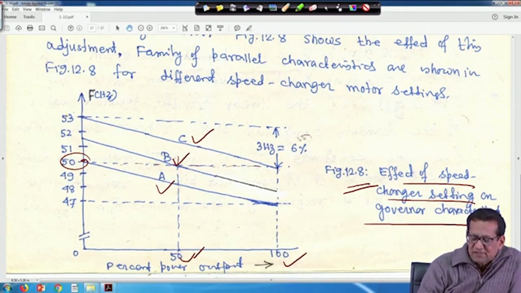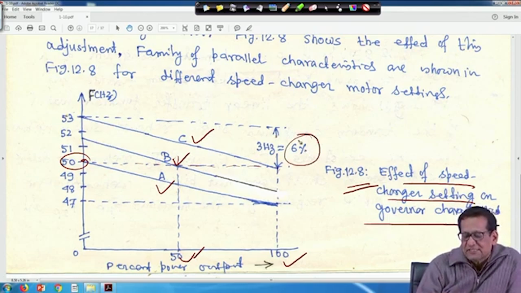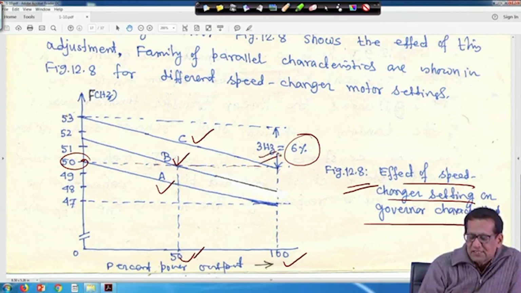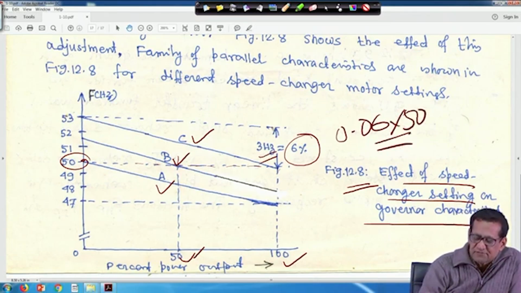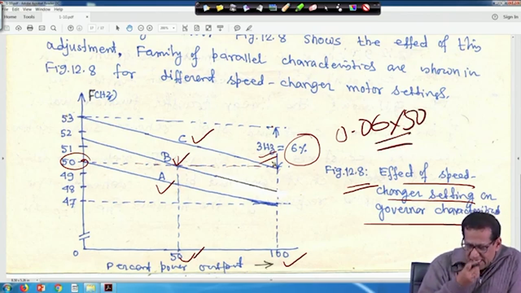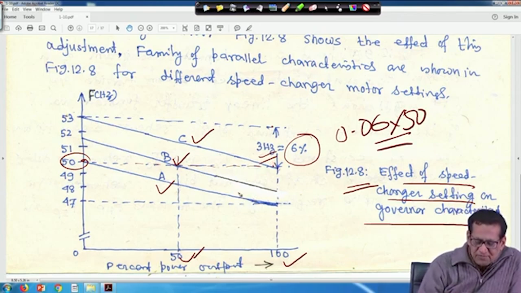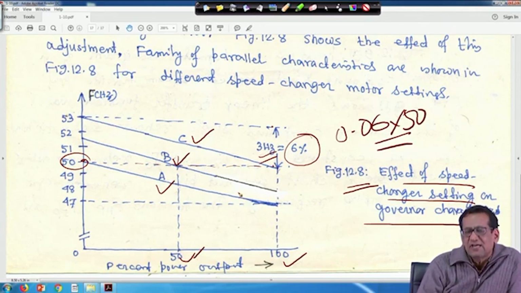For a droop value of 6%, that is a 6% change in frequency, that is nothing but 3 hertz, because 6% means 0.06 into 50 for a 50 hertz system. So, this drop is 3 hertz. Although they have different characteristics, this is a simple example, right.